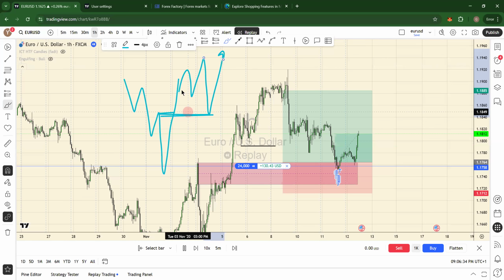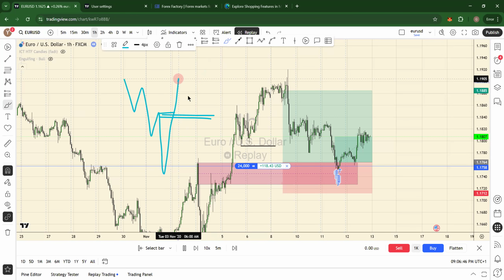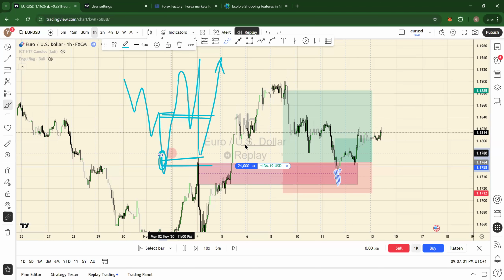But if this first pullback comes down and even trades into your breaker, and then you start seeing price coming back again, you have your breaker here, price trades a little bit into it, then goes up, and then it's coming back down, then it's definitely coming for your order block, if the order block was not mitigated. All right, so I think that should be it.